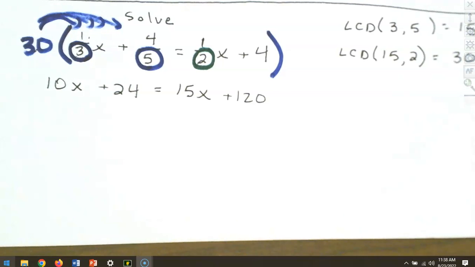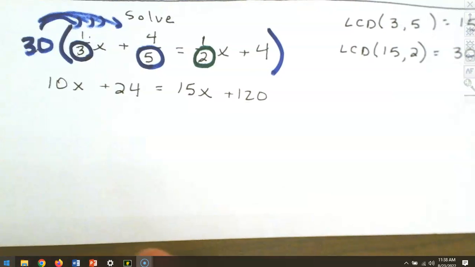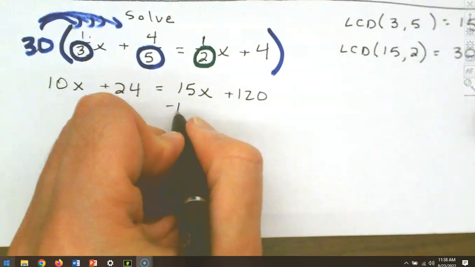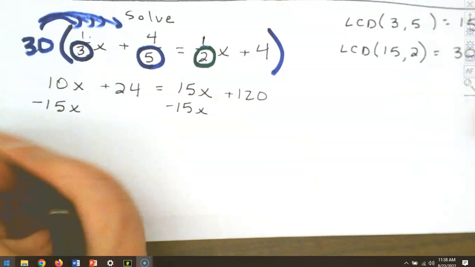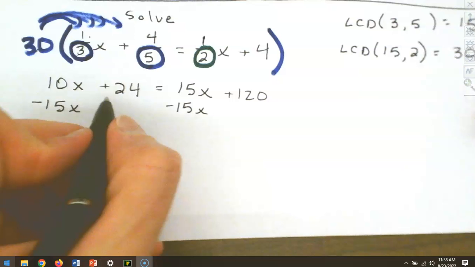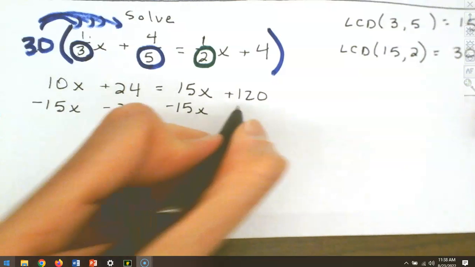Now we have something that we can work with. Now all the fractions are gone, and we can solve this very easily. So move that 15 over with subtraction. So that 15x got moved over. And then move that 24 over as well.